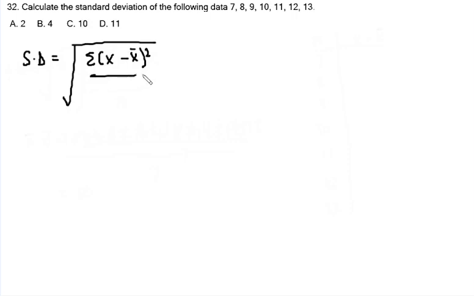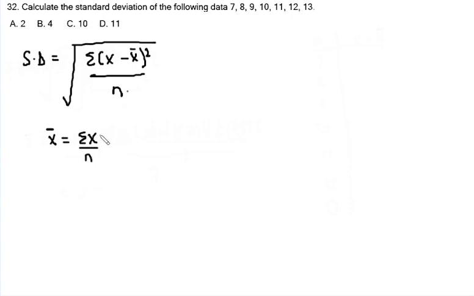So for question 32, we are asked to calculate the standard deviation of the following data. To calculate the standard deviation, we have to know this formula: the square root of the summation of (x minus x bar) squared, divided by n. There is very important information we need to know for starting the analysis. Number one is the mean, given as x bar. The mean is the summation of the x terms divided by the number of terms.